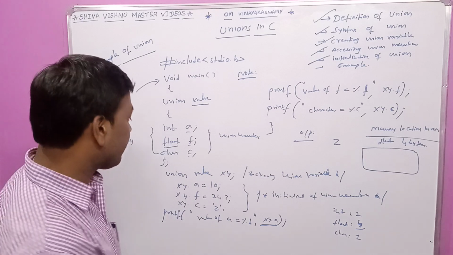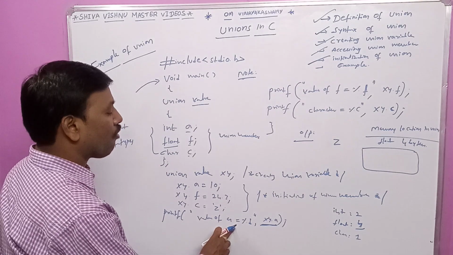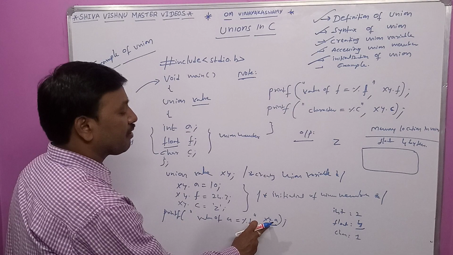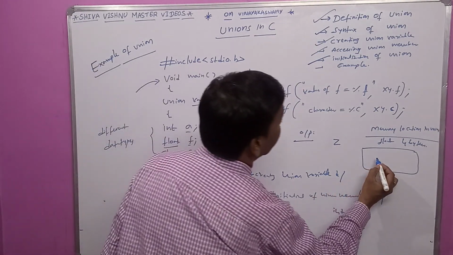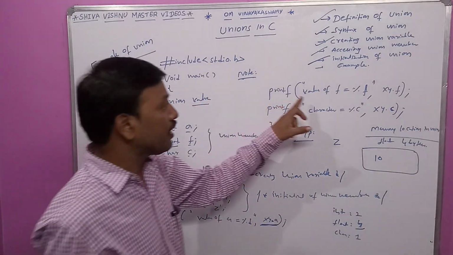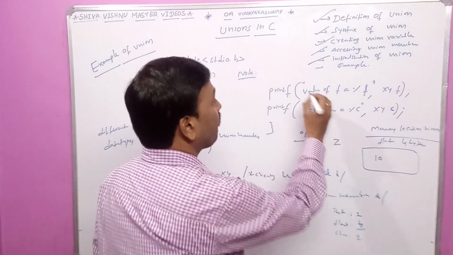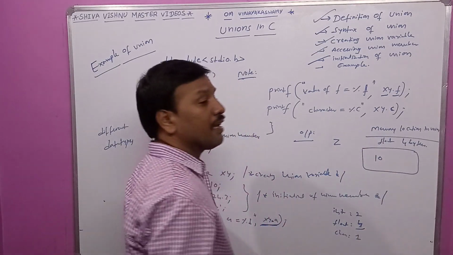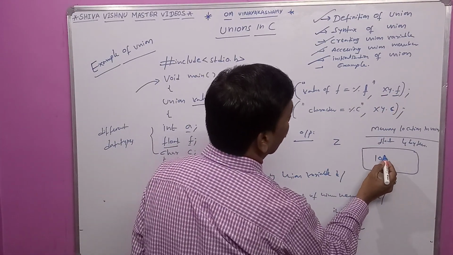Here you can see printf("value of a equal %d", x.a). Now 10 will be stored in the single location. Next you come to the value of f. Here you can see %f within quotations. Here this is the variable, this is the union member. Next here you can see this is an overlap.